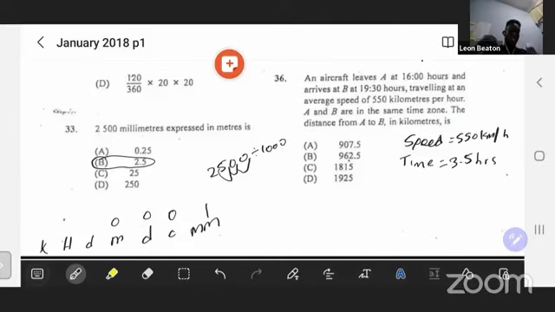So the distance traveled would be, distance is speed multiplied by time, right? So the speed is 550 times 3.5. And when we work that out, we'll get a value of 1,925. All right, we'll go through the maths. So that is D.